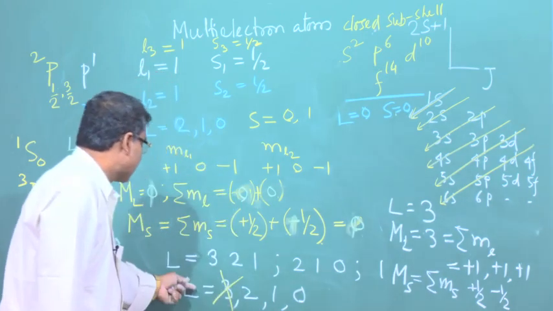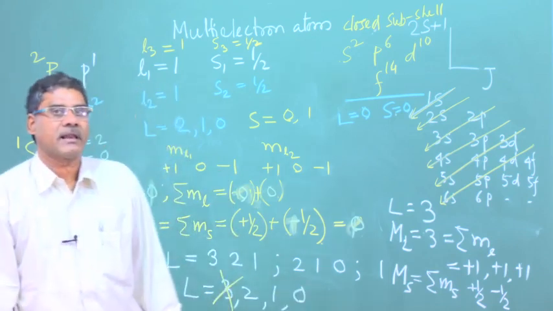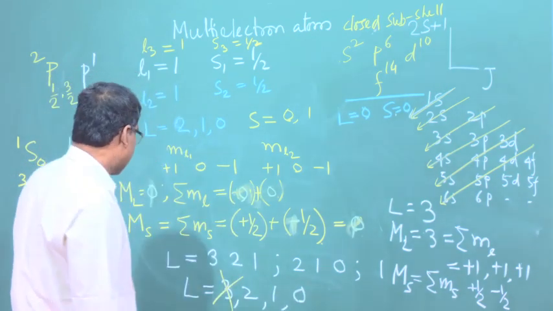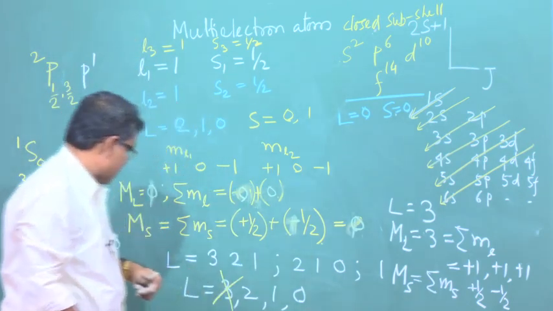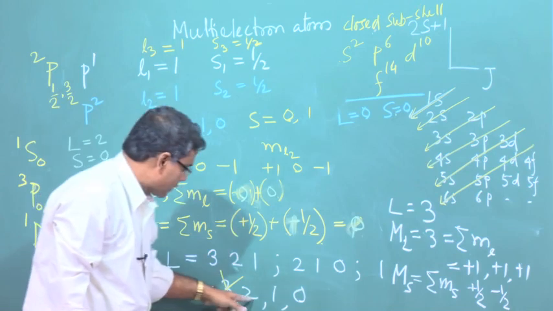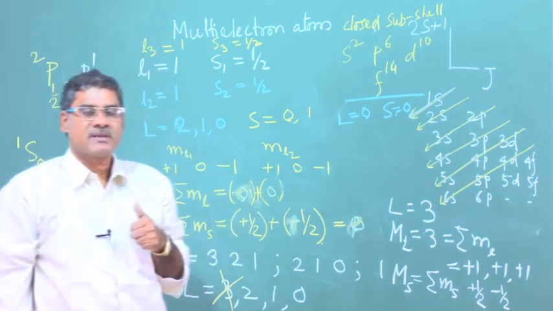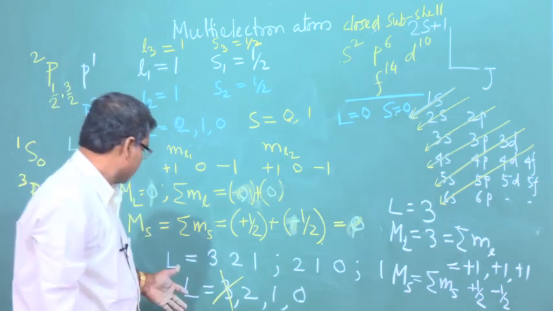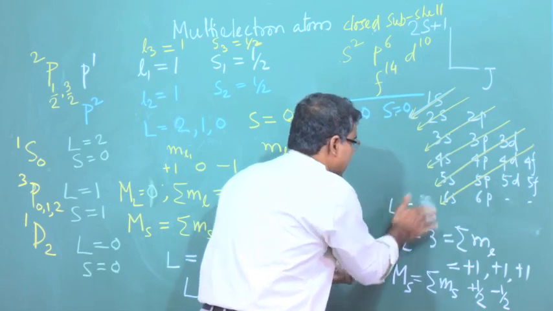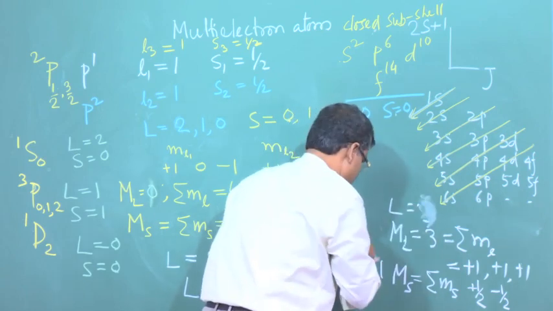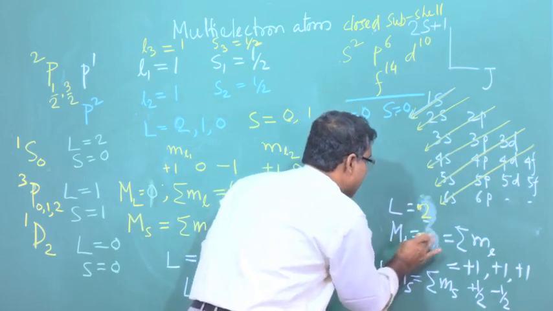And then you can show that L equal to 2, 1, 0, these 3 values are allowed, and corresponding MS one has to think. Now capital L equal to 2 means capital ML equal to 2, the maximum ML value.